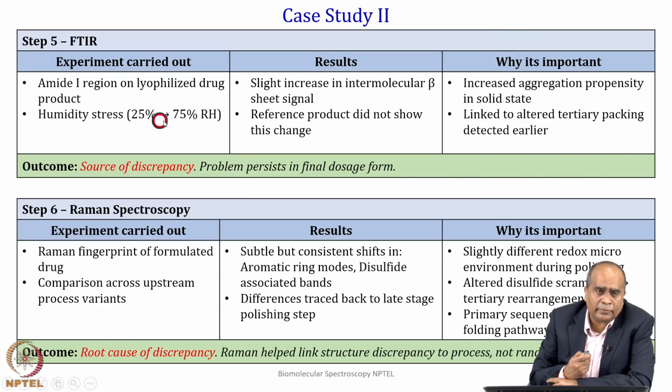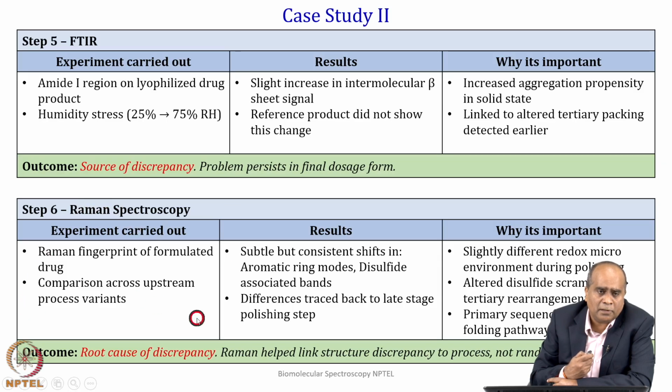So now we can even identify the source of discrepancy. The problem persists in the final dosage form, that is, in the solid. One can really avoid this discrepancy if we do it correctly at the beginning stage. To confirm that, we go to Raman spectroscopy.